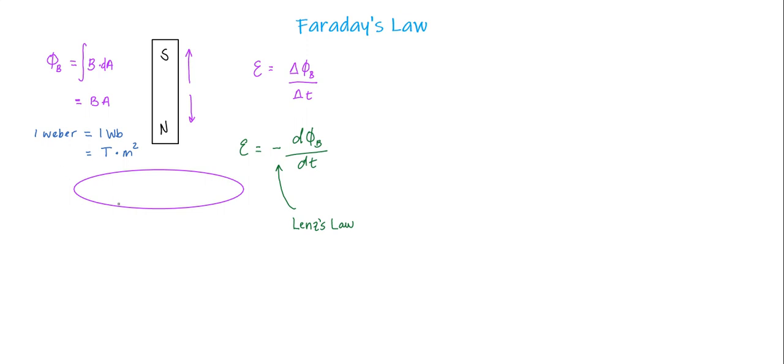Now, realistically speaking, you very seldom will have just one loop. You're oftentimes going to have a solenoid of some kind or multiple loops of wire on top of one another. So the EMF generated in each loop or each turn of the wire, you could multiply by N number of turns. So I could go ahead and say that the EMF is equal to the minus sign for Lenz's law times N, number of turns, d phi dt.